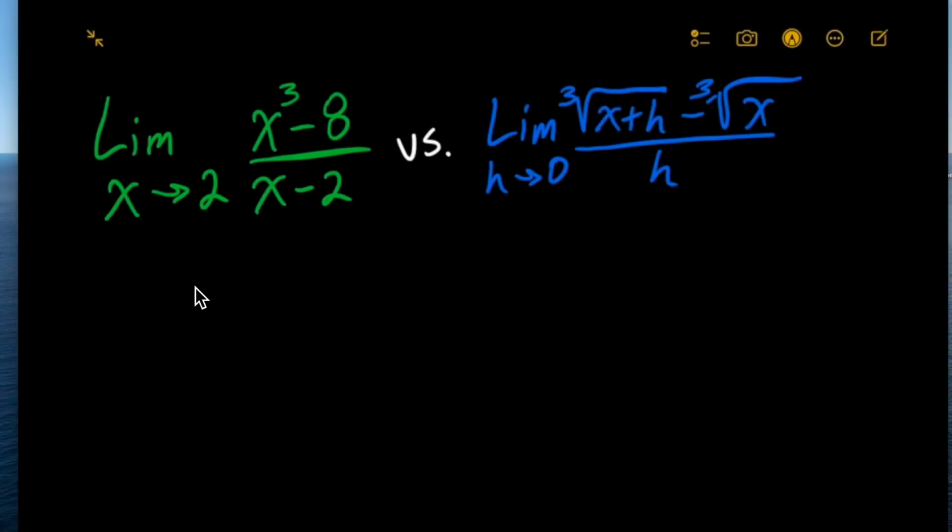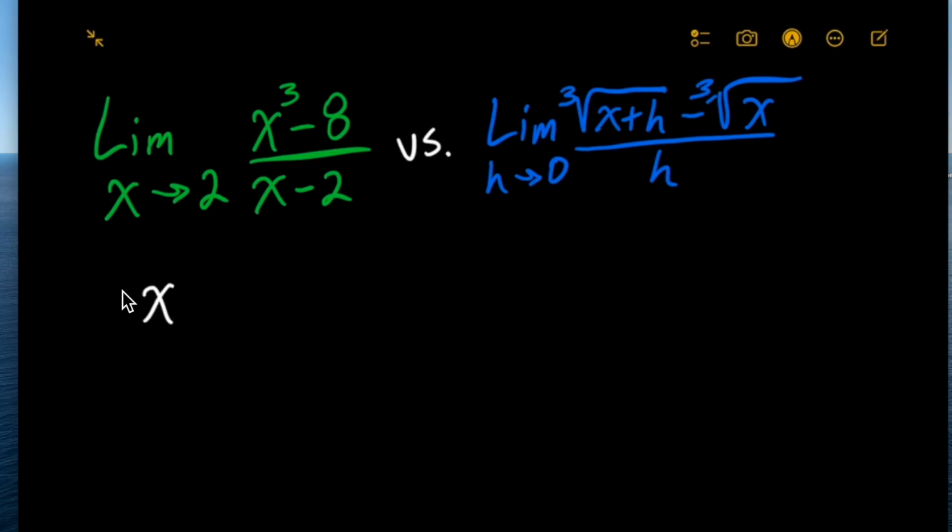Let's now proceed to solve the limit on the left, where we do have the difference between two perfect cubes. First thing, whenever you have a limit, you always try to plug in. See if you can do that. Immediately we find if we plug in 2 for x, we're going to have 0 in the denominator, which means our next move is try some algebraic manipulation to see if we can cancel. We have the difference between two perfect cubes in the numerator.